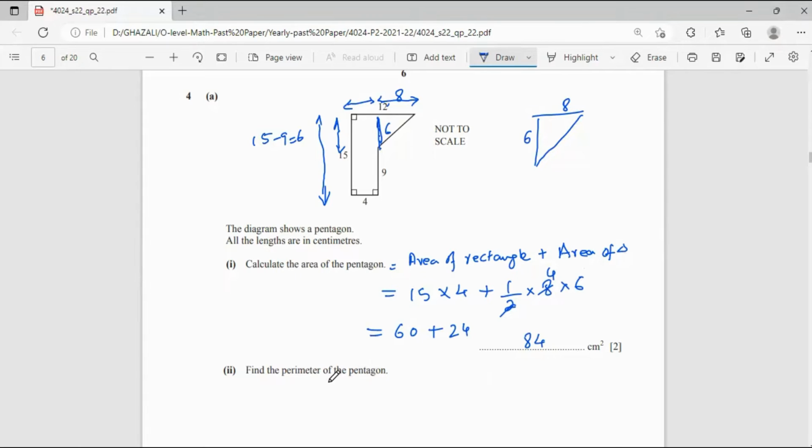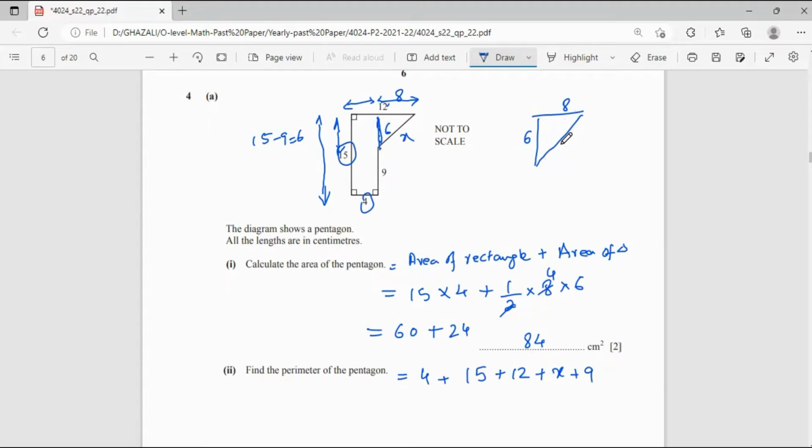Now the perimeter of the pentagon. We add all these lengths around the pentagon. The first length is 4 centimeters, plus 15, plus 12, plus this length we consider as x, and the next length is 9 centimeters.